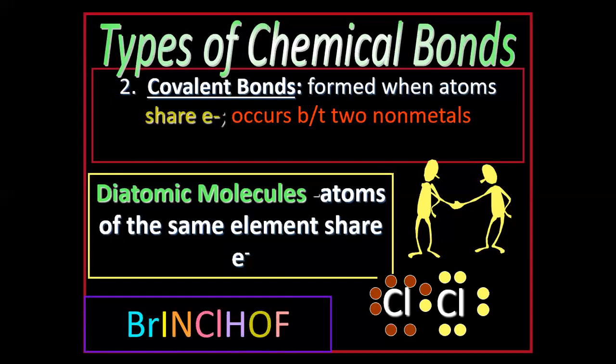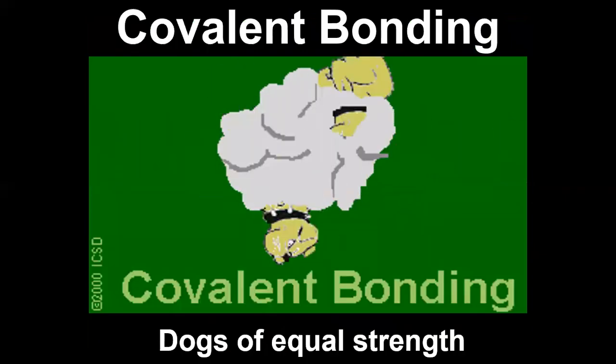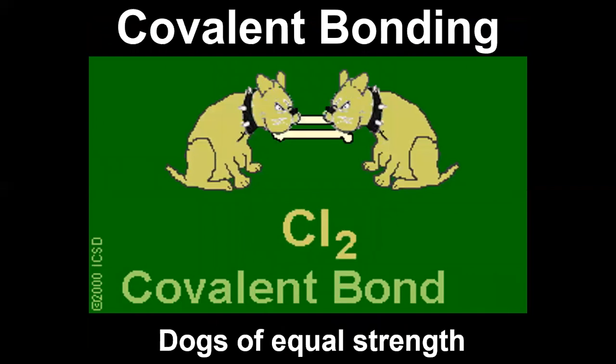For example, bromine, iodine, nitrogen, chlorine, hydrogen, oxygen, fluorine, etc. These are non-metals. They share electrons with each other to form diatomic molecules: Br2, I2, N2, Cl2, H2, O2, and F2, etc. So in covalent bonding, the atoms are of equal strength.